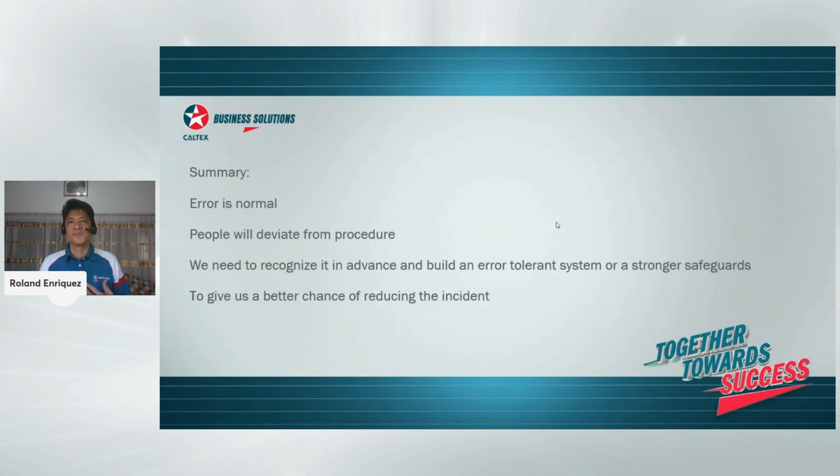Second, expect that people will deviate from procedure, and recognize it in advance, consider it in advance, so that when you design your system, your software, your equipment, you have an error tolerance system, a deviation tolerance system that can compensate for the drift around the procedure or the error committed by the person. That way, it will give you a better chance of reducing incidents.